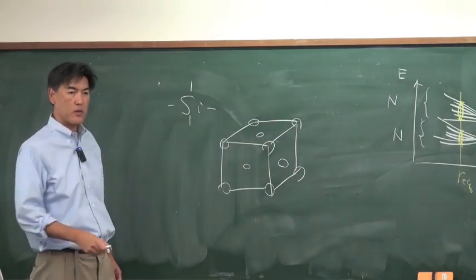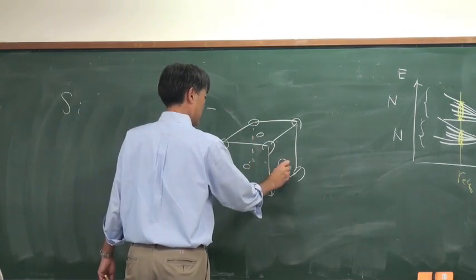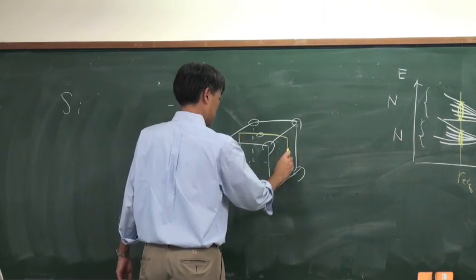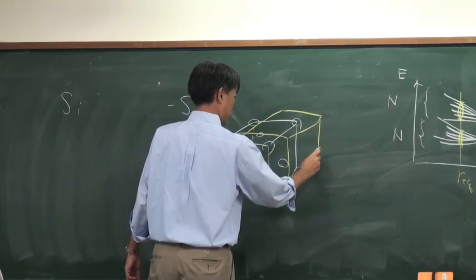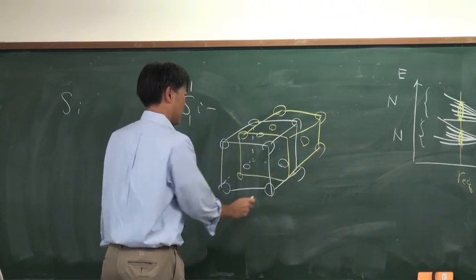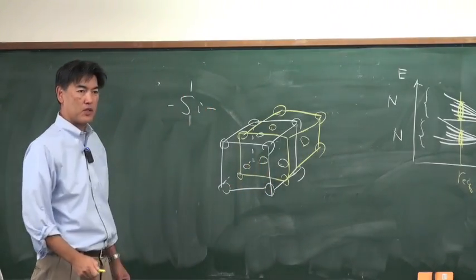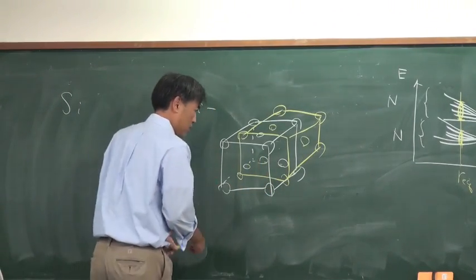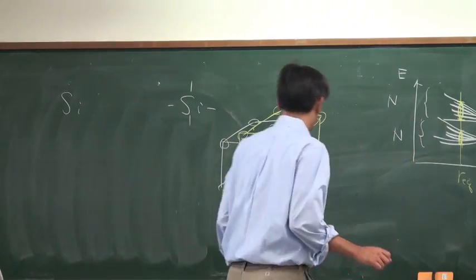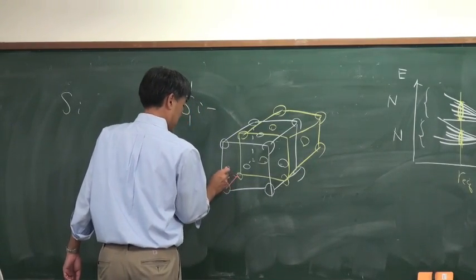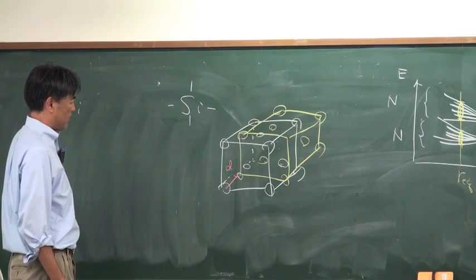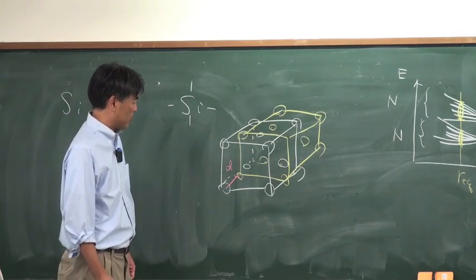There's one face-centered cubic crystal, and if I superimpose one more face-centered cubic crystal, it looks quite messy, but there's a displacement D between these two.